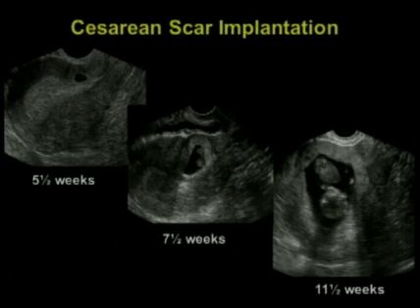Now, the reason these are emergent and have to be treated is you can see on this sequence of scans, this is a woman who we diagnosed a Cesarean scar implantation at 5.5 weeks. The cervix ends around here. Low in the uterus is a gestational sac. The trophoblastic tissue is extending up towards and probably all the way to the serosal surface.